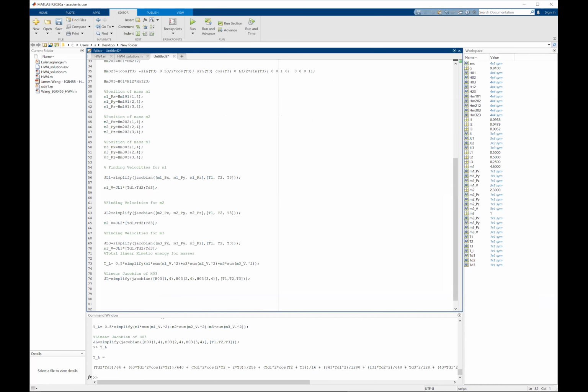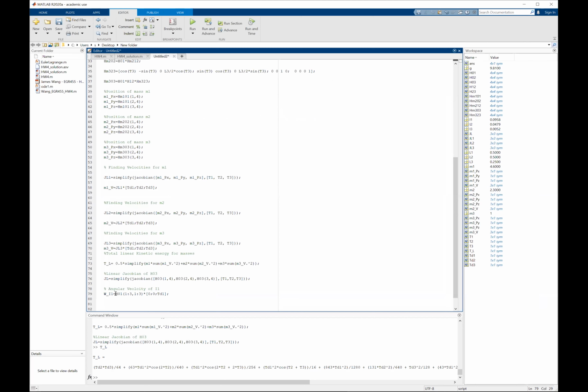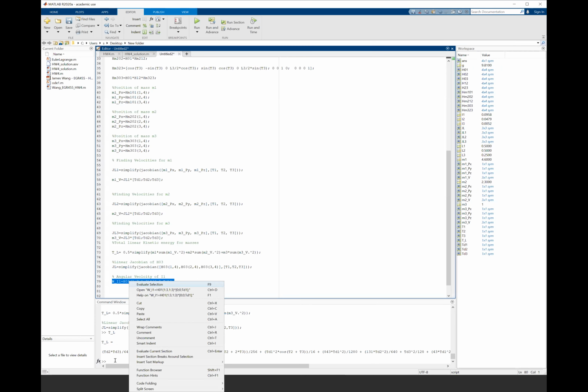Now the next is the angular velocity of I1. And the angular velocity of I1 will come from the R01, which is nothing but the first 3x3 matrix of your H01. That gives you the angular velocity of I1. Now let's do this, and then you will see what happens.